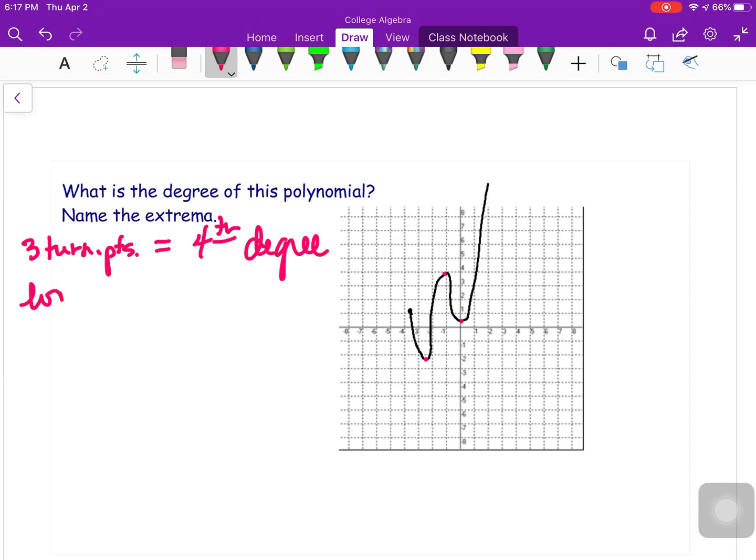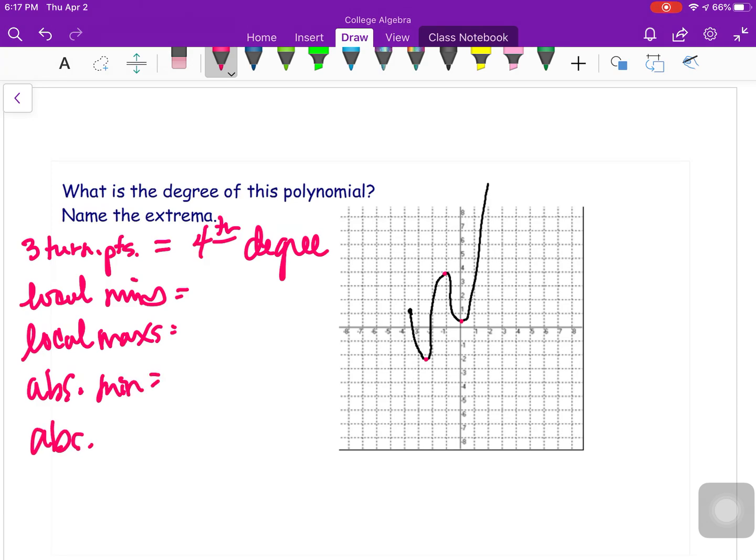Next, it asks to name the extrema. So I'm going to need local mins, local maxes, absolute min, and the absolute max.